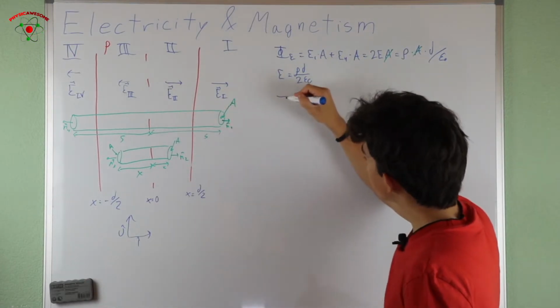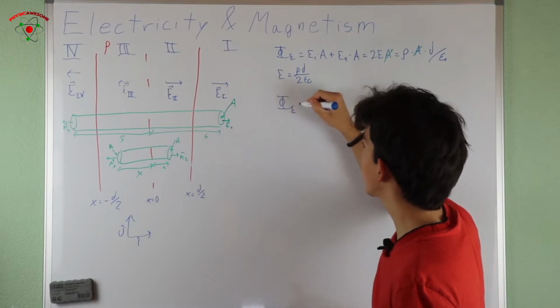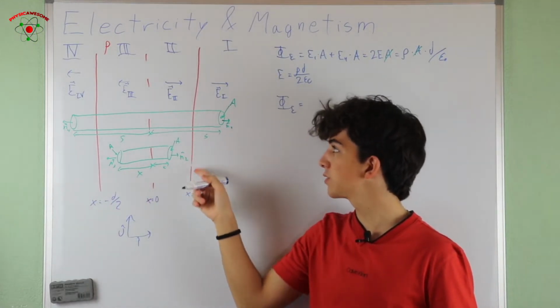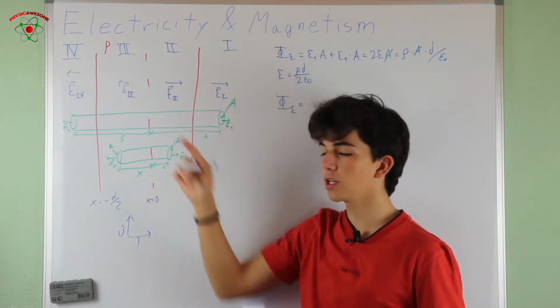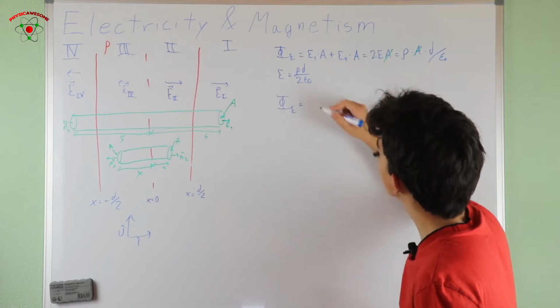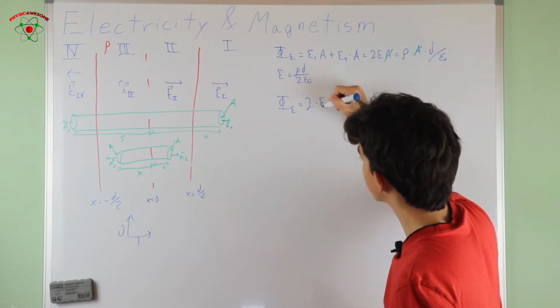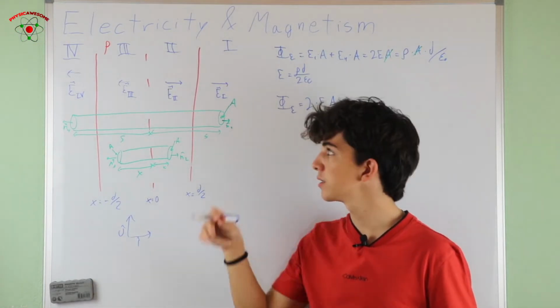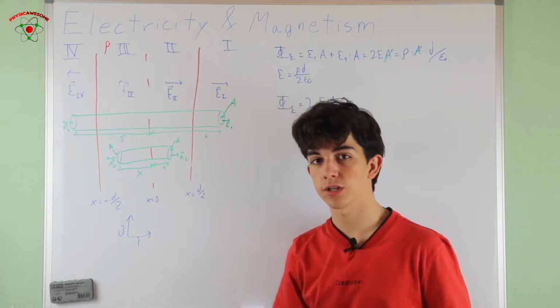Now the electric flux is going to be pretty similar to what we found earlier. We take the magnitudes of the electric field 2 and the electric field 3, and we find it's really 2 times the electric field times the area. That's the flux, exact same situation as earlier.